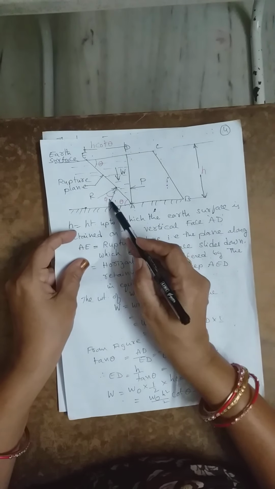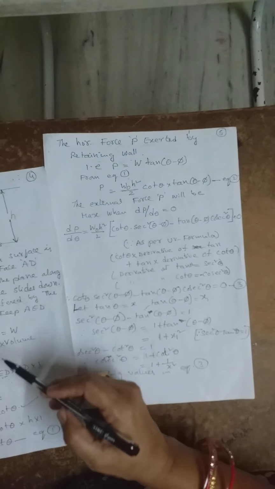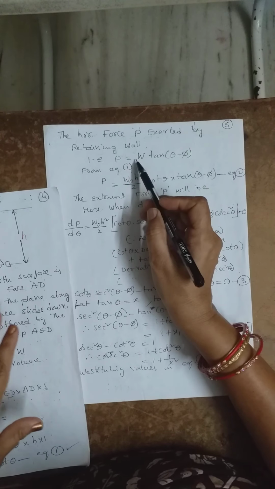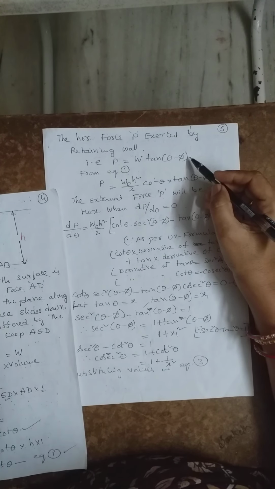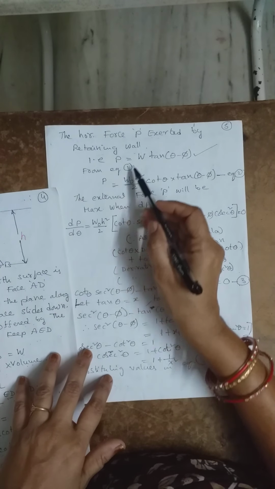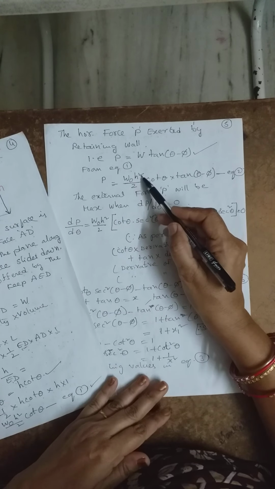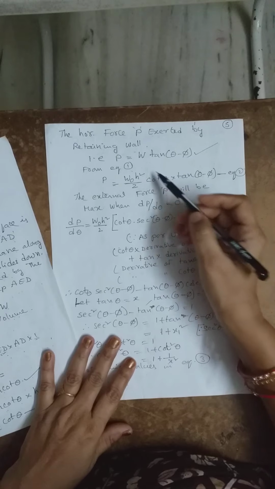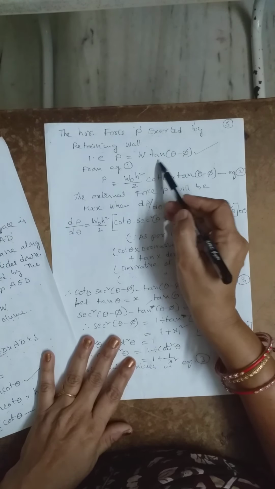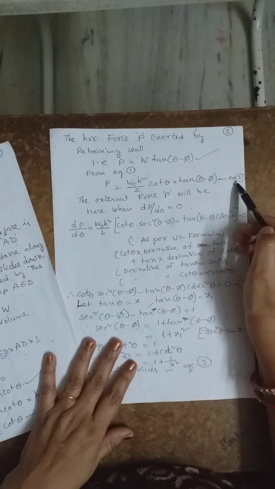This is phi and this is theta, so that we have taken. From equation 1, W is w0 H square by 2 cot theta, so in that place we substitute this: P is equal to w0 H square by 2 cot theta into tan of theta minus phi. This we take as equation 2.